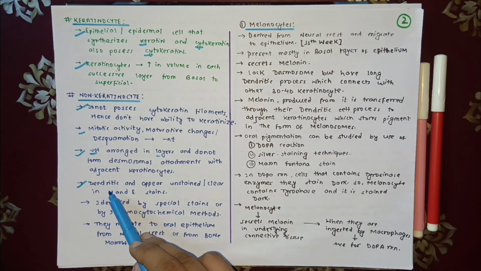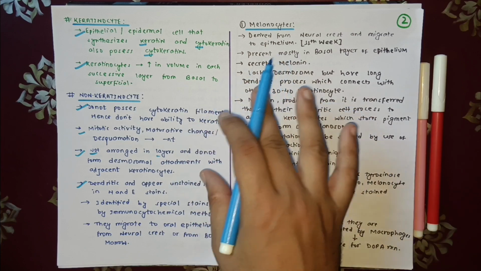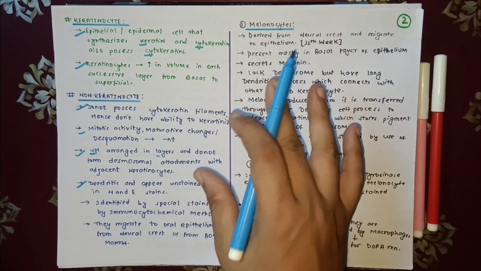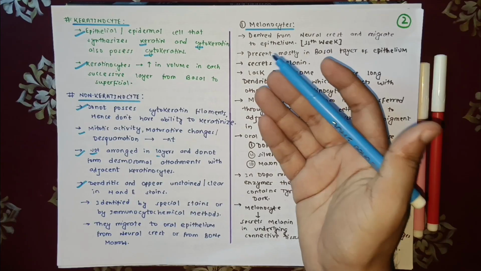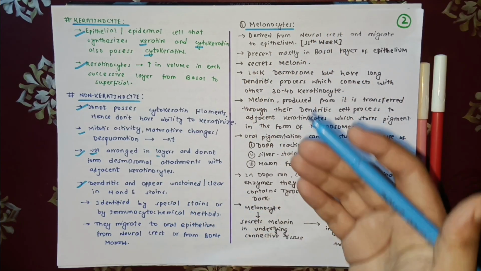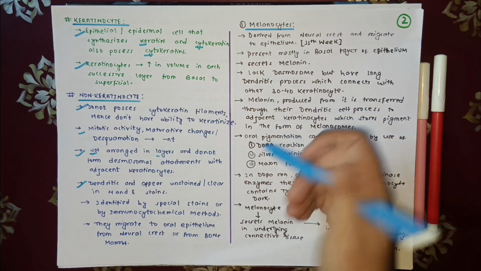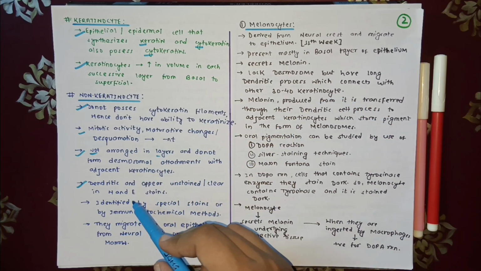In this dendritic appearance we have the melanocyte and the Langerhans cells, but Merkel cells, which I will discuss, do not have the dendritic appearance. Commonly we can say that non-keratinocytes have the dendritic appearance and appear clear in the H&E stain.